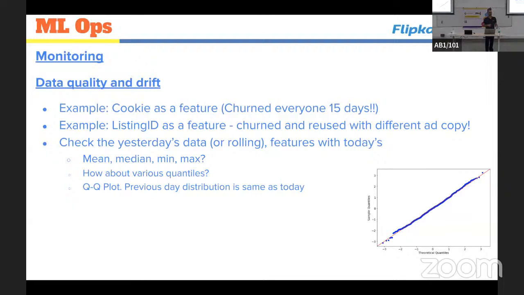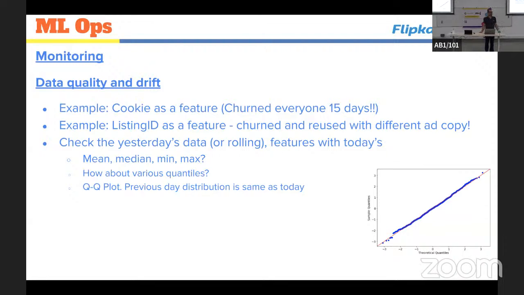If I'm using historical impressions or clicks of a product at an aggregate level in my training data set, what is the distribution of the number of clicks that I'm seeing? Now it should not change day over day. So how can I figure out that the data that I had yesterday is the same as today? Because in many machine learning algorithms, this is one of the core assumptions: the distribution at training time and prediction time remains the same.